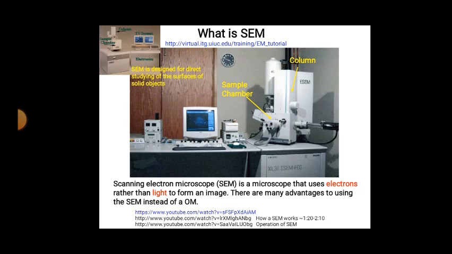Now the maximum resolution in a scanning electron microscope depends on electron beam size, accelerating voltage and interaction between the beam and surface. Also, a high resolution image requires reduced beam size and high accelerating voltage.